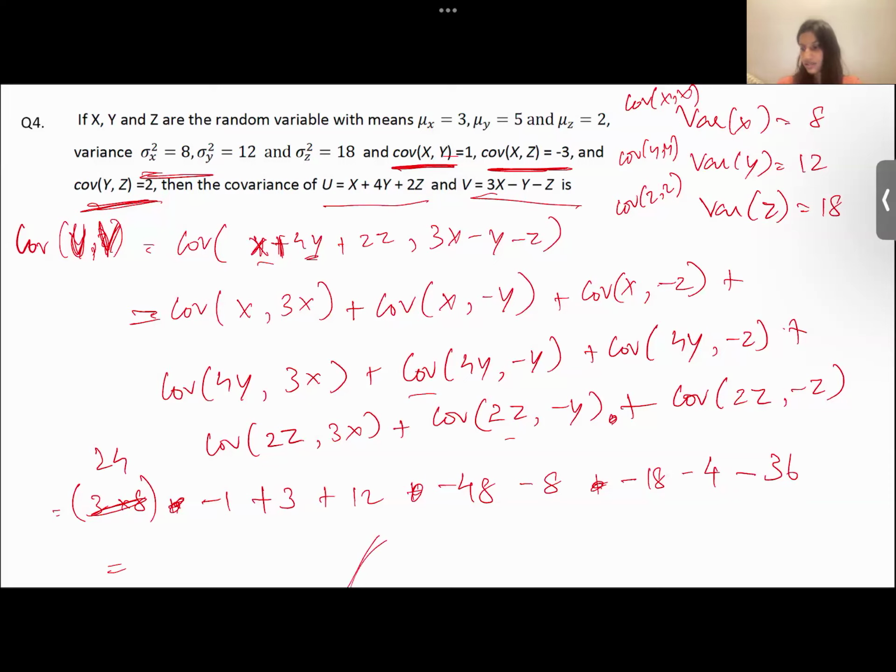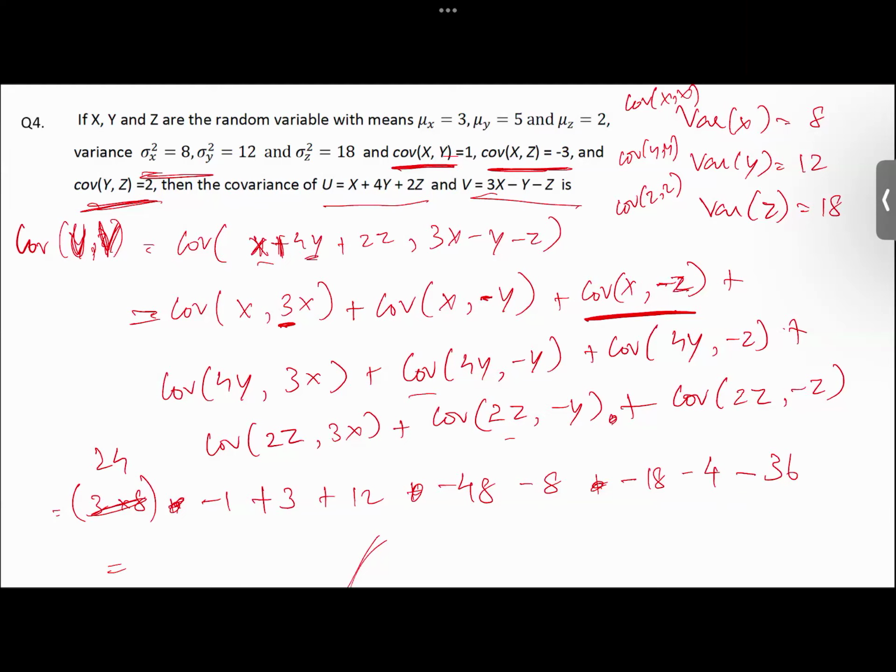Maybe I could do it, but we don't have enough time. A student asks: Ma'am, we multiply the variance with the constant term? Yes, exactly. You bring whatever constant terms outside and multiply the variances. And if there's a minus, you bring that out too and multiply the variance. The student asks about the third term, covariance of x comma minus z.